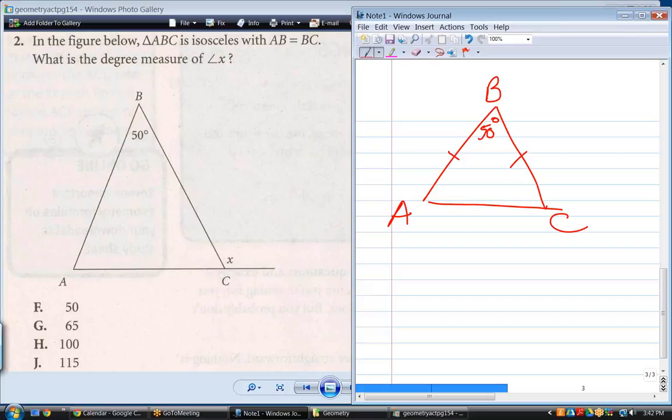The other thing about isosceles triangles is that not only do they have two sides that are equal, but the opposite angles are equal.